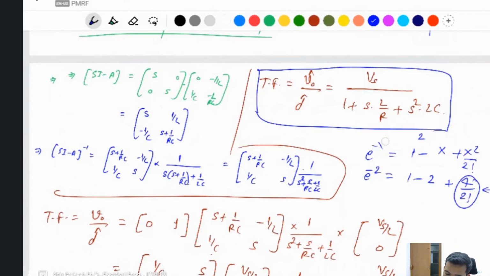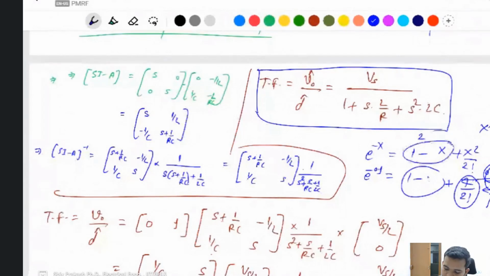You can neglect it only when x is less than 1, like 0.1. Then x square is 0.01, divided by 2 factorial, which is very small, and the next term, x cube, is also very small. Then you can neglect all the other terms and take only 1 plus x.